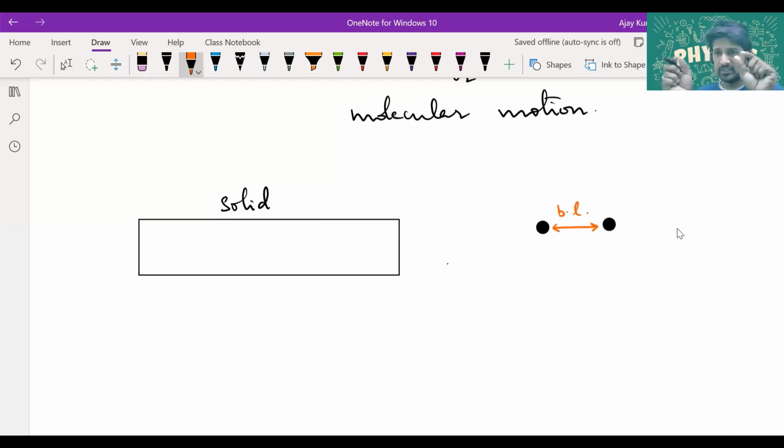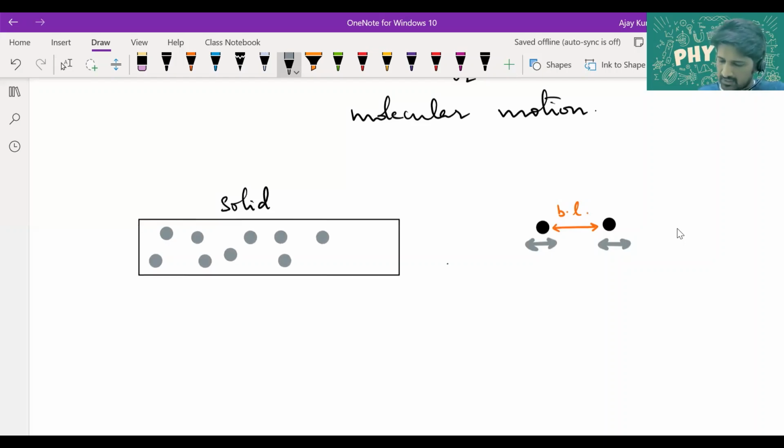Even atoms in a bond, in a molecule, are not at the same distance always. This atom will be vibrating, and this atom also will be vibrating. They'll be coming closer and going farther, so the average distance is what you call bond length. So between atoms itself there is space, and between molecules there will definitely be space. Consider a solid like this, where these are the molecules.